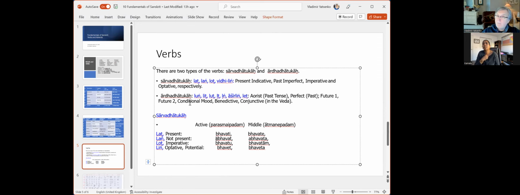We go into Ardhadhatukas. Vladimir, what is active and middle? What does that mean? Parasmaipadam, atmanepadam. Yes, it's a word for active, parasmai for the other, and atmane, the word for oneself. In English, when we say "I sing to myself," this is atmanepadam, middle voice.